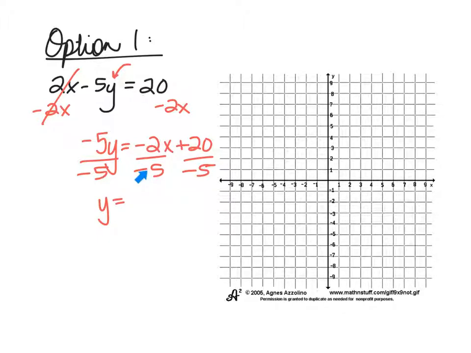Neither of those simplify, but the negative of the negative does. So I can change this to positive 2 over 5x. And then the 20 over -5, that does divide. That becomes -4. And we don't want like plus negative. It's just positive 20 divided by 5 is -4. So that's where I'm going to leave my answer.